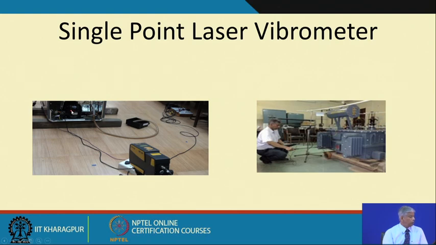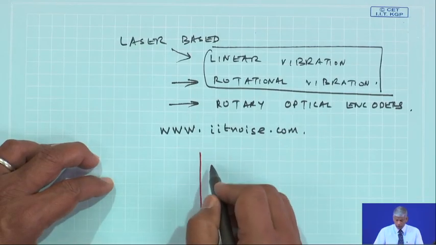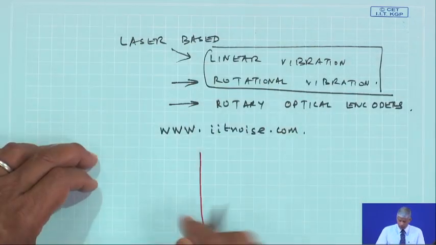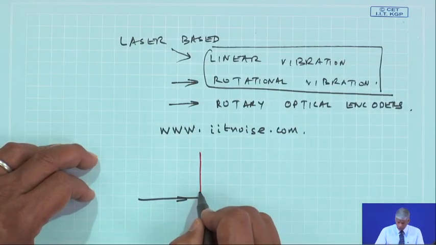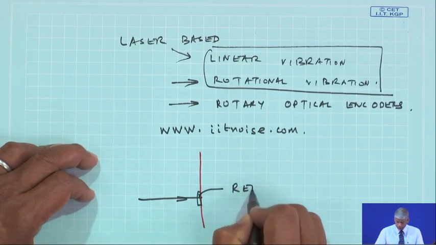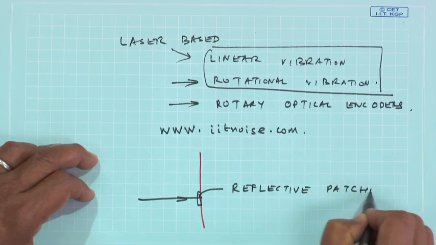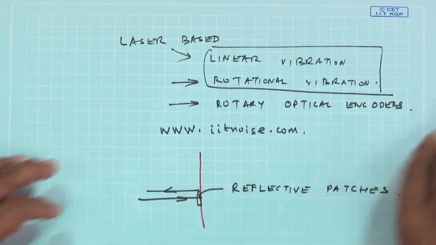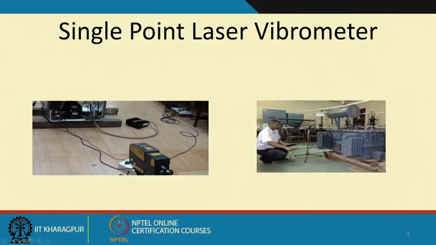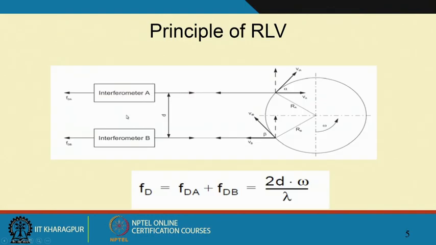So, this is a laser vibrometer being focused onto a surface wherein the laser beam is reflected. Many surfaces are very dull, so they will not reflect laser light. So, people put reflective patches, so that you get a reflected laser light back, and then we can measure through signal heterodyning optically the Doppler frequency shift, and find out the velocity at which this shell is vibrating.